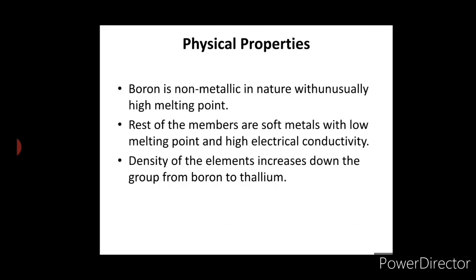Now the physical properties of these elements. Boron is a non-metal and its melting point is high, whereas other members of this family are soft metals having low melting points.